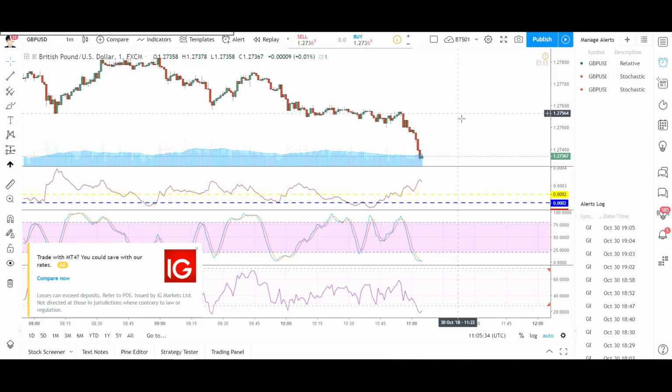What we are looking for is a visible X. You can see the blue line is moving a little bit away from the red line, so it could possibly not cross yet. So we will wait for another minute.